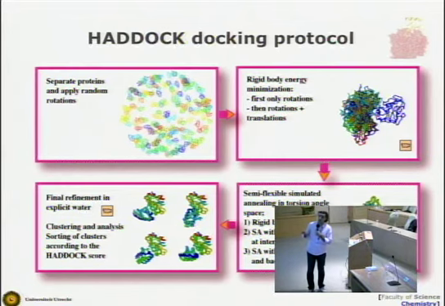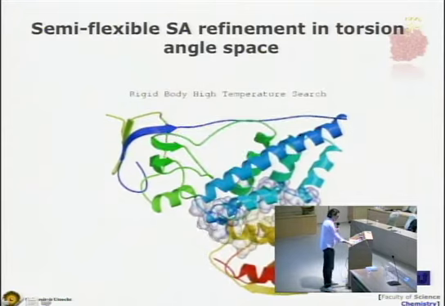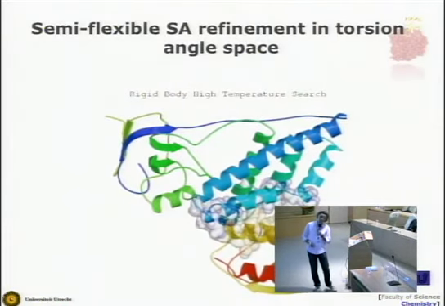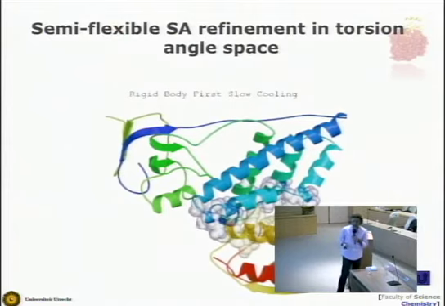This is very fast, so here we sample between 10,000 and 100,000 structures typically, and then we select a small fraction of those, and then we enter the flexible refinement stage, where we optimize the interface to allow for small conformational changes. And you see here it's a simulated annealing process.